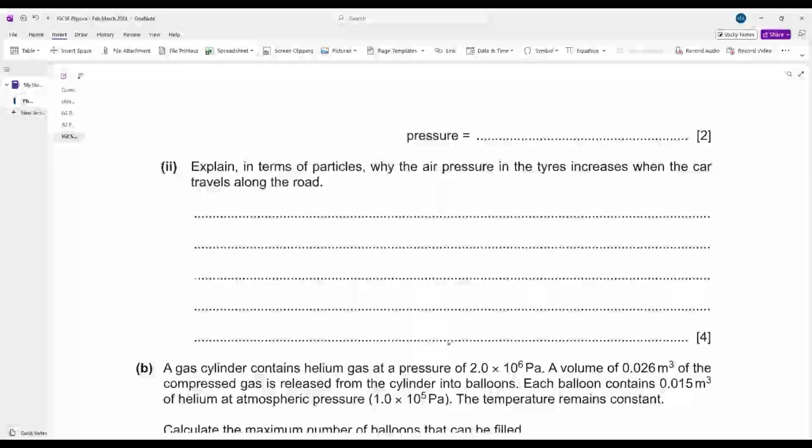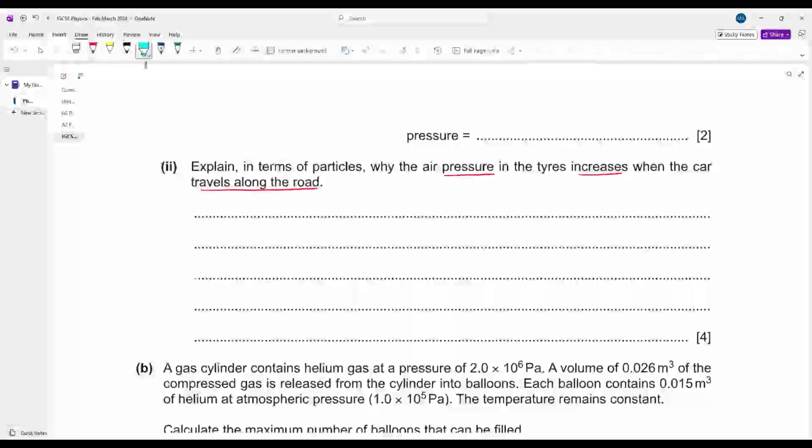Explain in terms of particles why the pressure in the tire increases when the car travels along the road. बेटा हमने बताना है why the pressure in the tire increases when the car travels along the road. What will you say? As the car travels along the road, friction develops between the road and the tire.